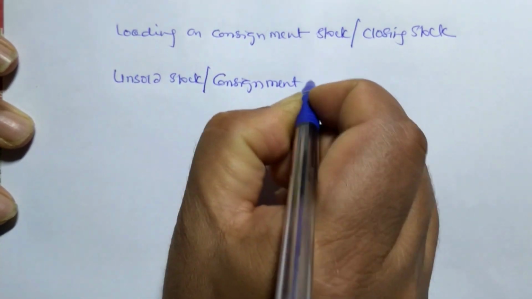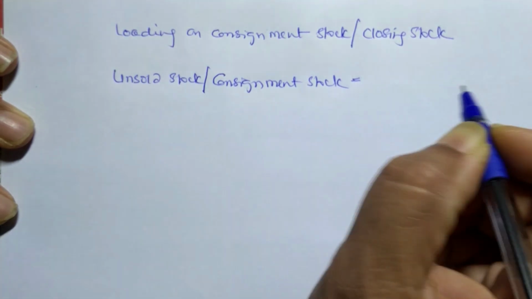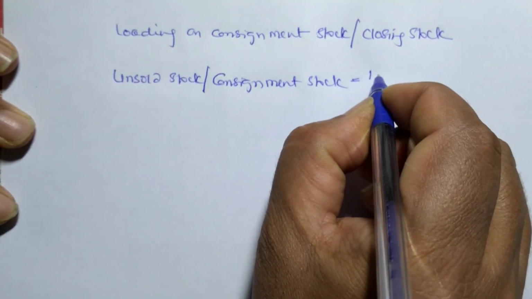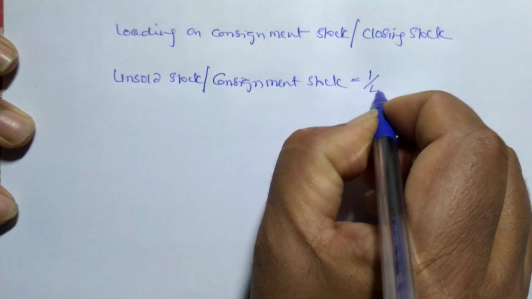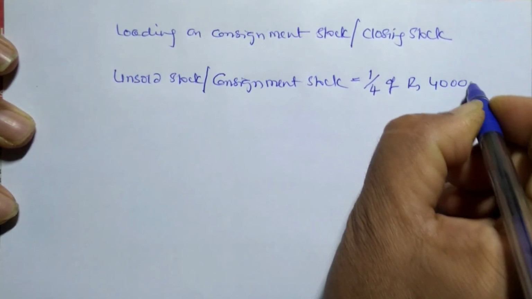Consignment stock in this problem is equal to 1/4 of rupees 40,000.